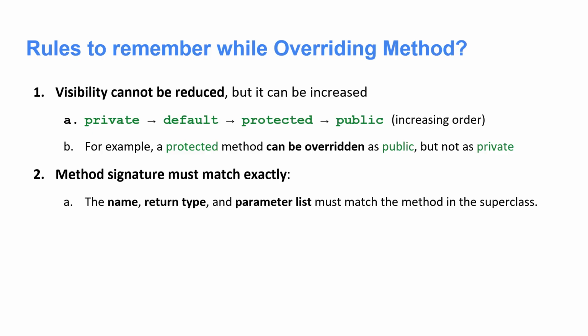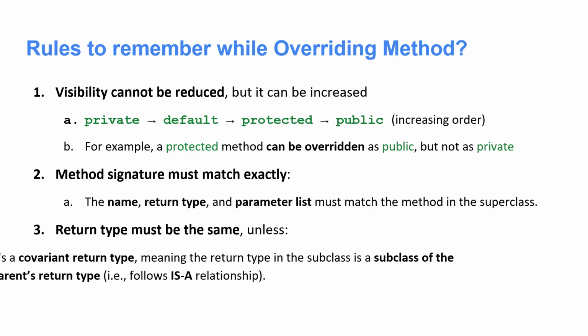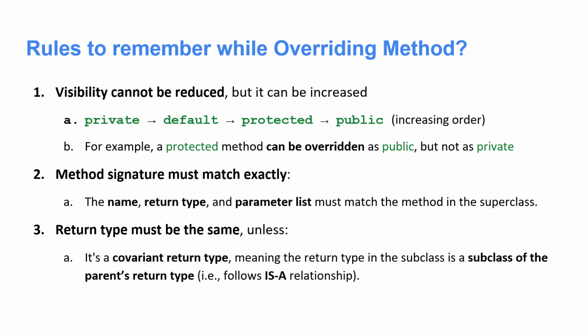Even a slight change means you're not overriding, you're overloading. Rule 3, the return type should also match, but there's an exception, you can use a covariant return type. That means the return type in the subclass can be a subclass of the return type in the parent. Following these rules is essential to ensure that overriding works as expected, and avoids confusing bugs or compile time errors.